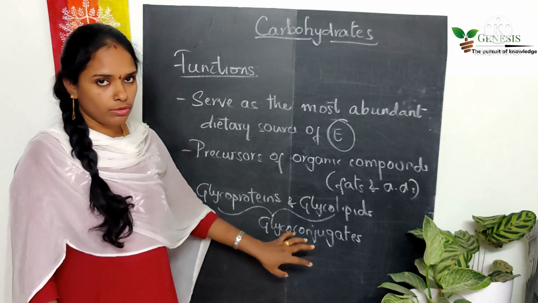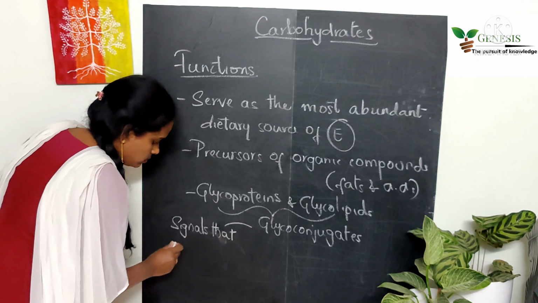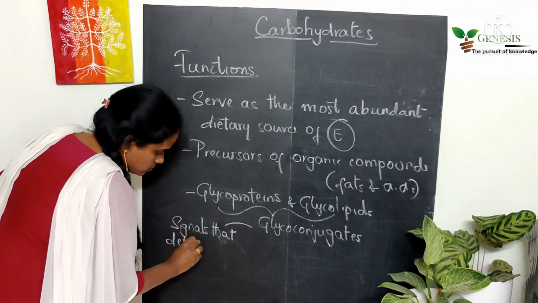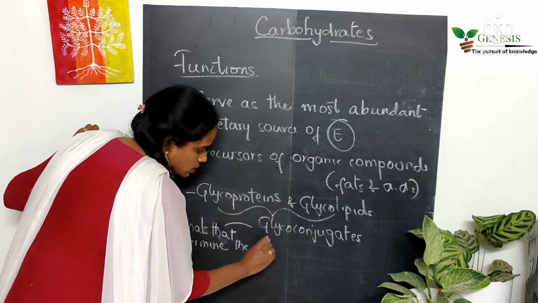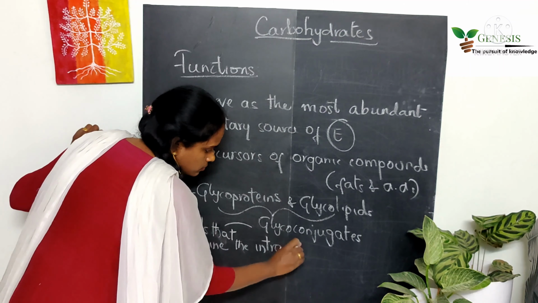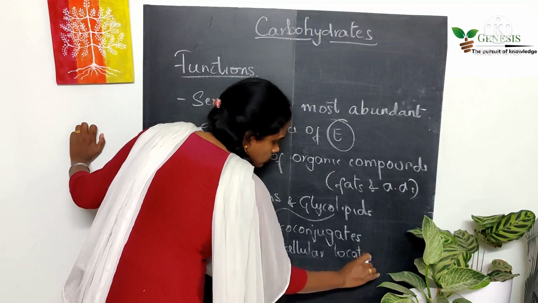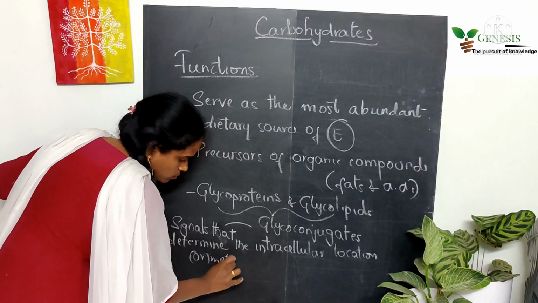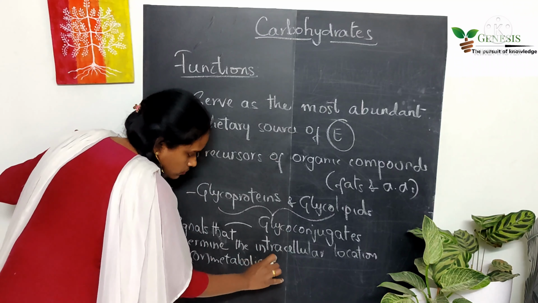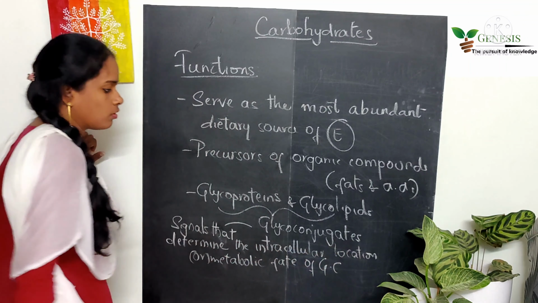So in the form of glycoconjugates, carbohydrates act as the signals that determine the intracellular location or metabolic fate of glycoconjugates.